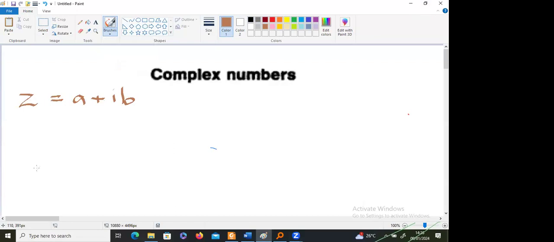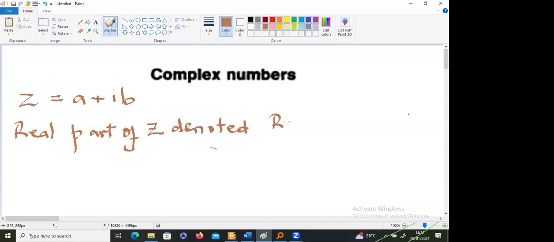then you will notice that the real part of my complex number Z, which is denoted as Re Z, to mean the real part of Z, is the a.